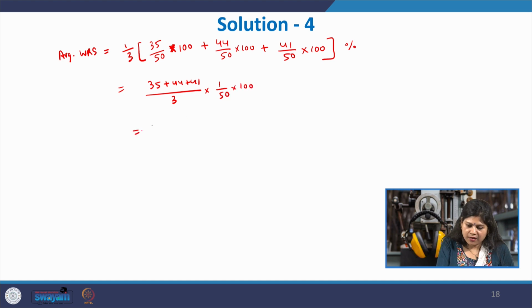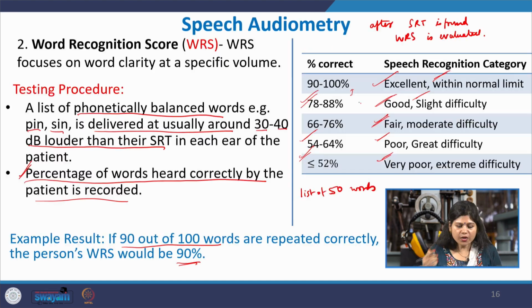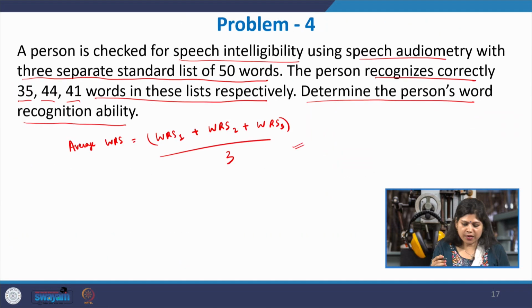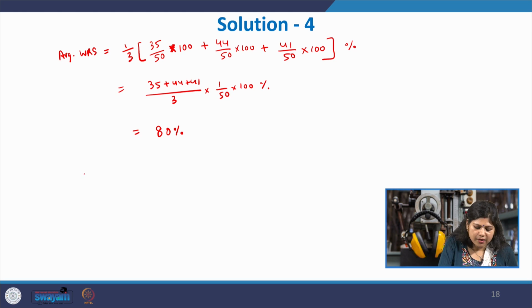Once you solve this, the answer is 80%. What is the diagnosis? It falls in this range, 80%, which means good speech recognition is happening, with only slight difficulty.